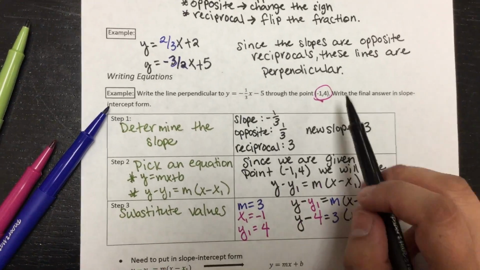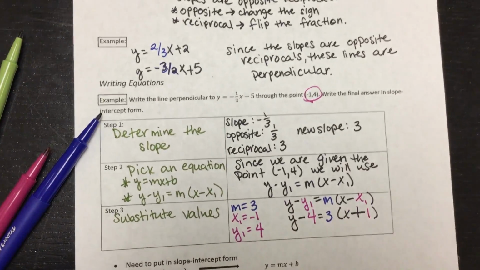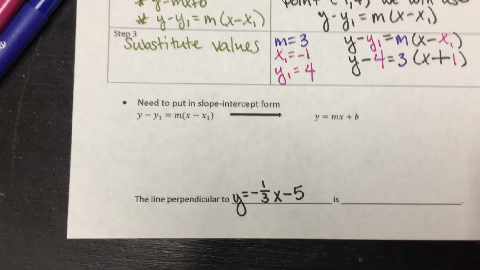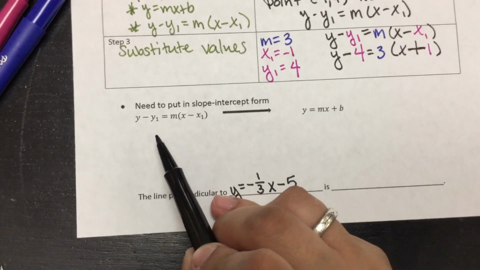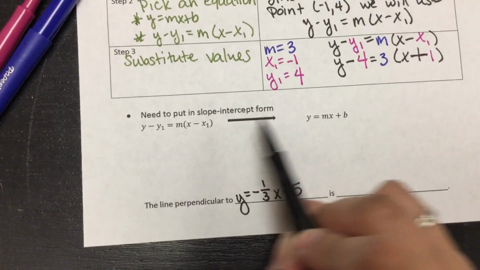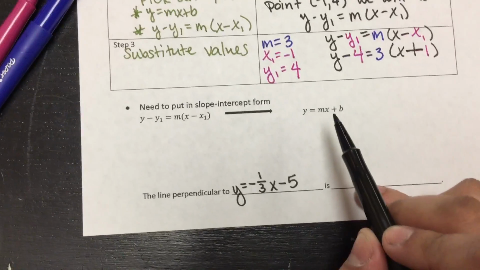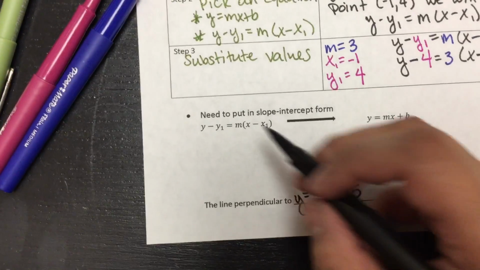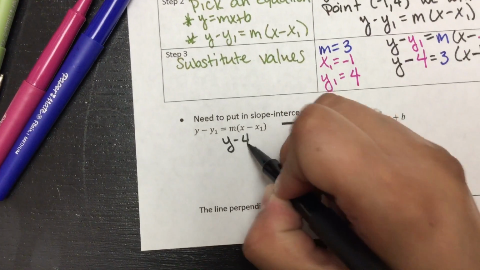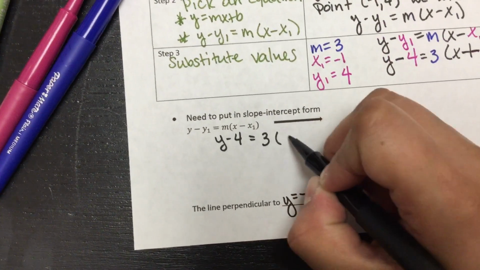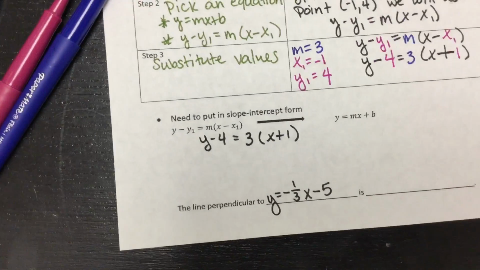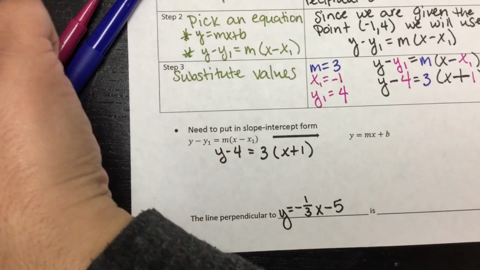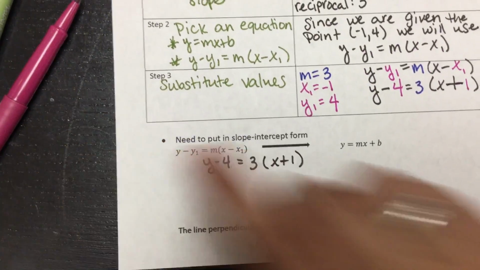All right, almost done. It says to write the final answer in slope-intercept form. So we need to change this from y minus y1 equals m times x minus x1 to y equals mx plus b. So we're going to start with y minus 4 equals 3 times x plus 1. We're going to use the don't call me after midnight method.